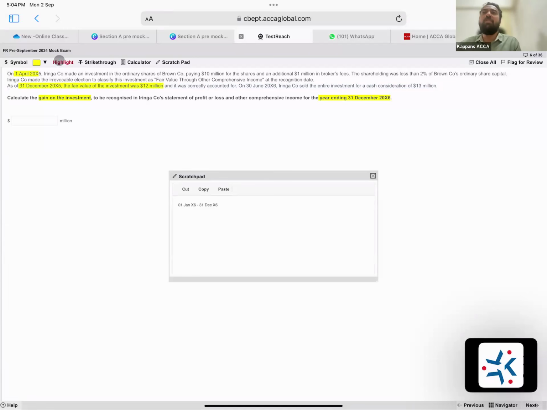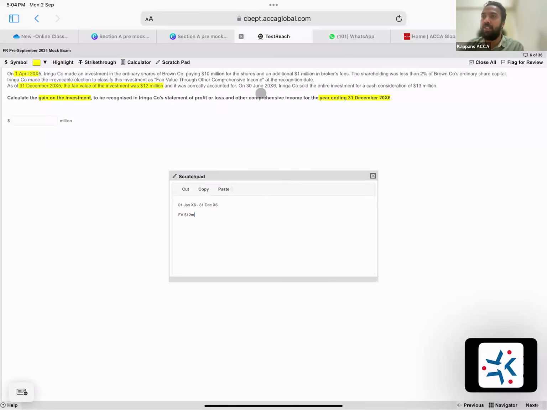The investment is being recorded at fair value through OCI, meaning the investment will be recorded in SOFP at fair value. So 31st December X5 fair value is 12 million, meaning on 1st January X6, that is the opening balance of current year, it will have a value of 12 million. That is the value that we require for solving this question because January X6 is the opening balance. And it was correctly accounted.